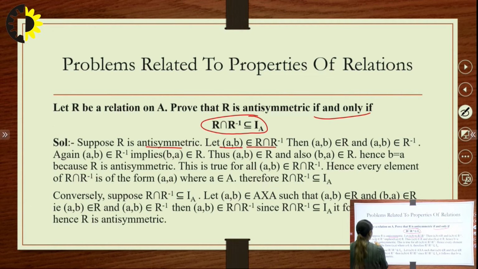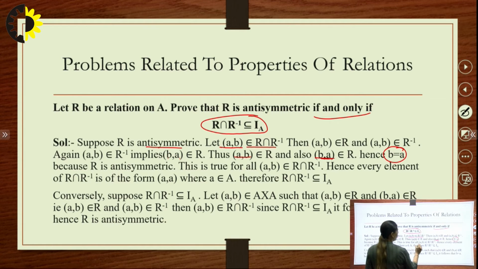Again, (a, b) belongs to R inverse implies (b, a) belongs to R. Thus, (a, b) belongs to R and also (b, a) belongs to R. Hence, b is equal to a, because R is antisymmetric.